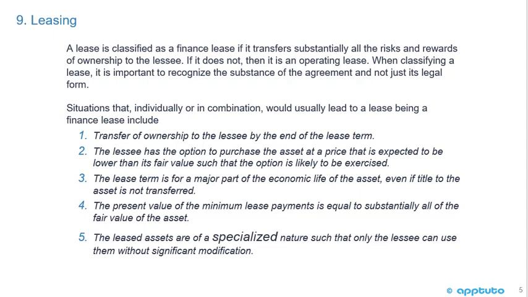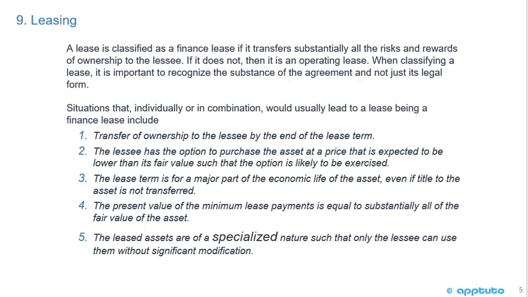Situations that individually or in combination would usually lead to a lease being a finance lease include: 1. Transfer of ownership to the lessee by the end of the lease term. 2. The lessee has the option to purchase the asset at a price that is expected to be lower than its fair value, such that the option is likely to be exercised. 3. The lease term is for a major part of the economic life of the asset, even if the title to the asset is not transferred. 4.